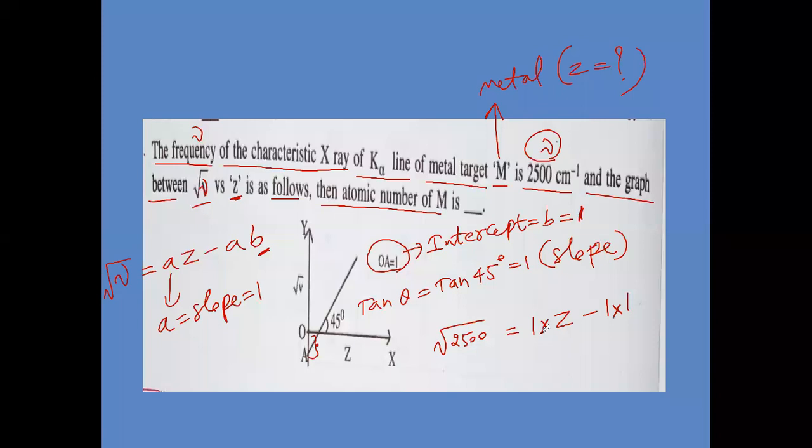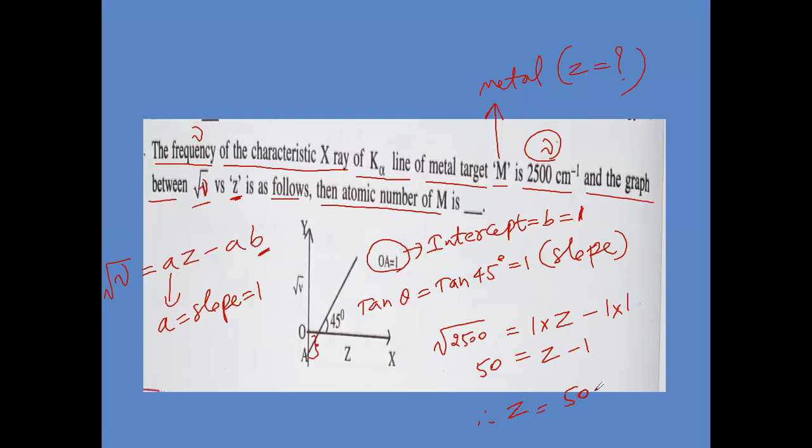You all getting the concept or not? Now tell me, what is the square root of 2500? 50. So 50 equals 1 into Z minus 1 into 1. Therefore, atomic number Z equals what?